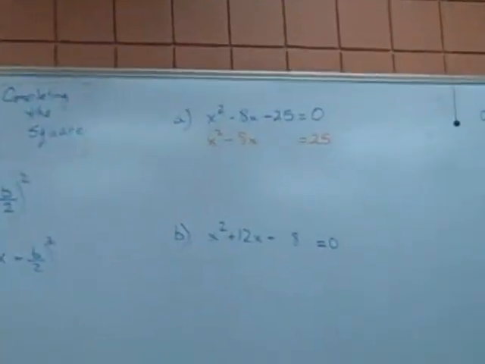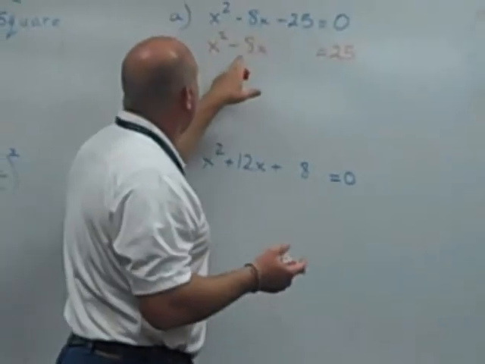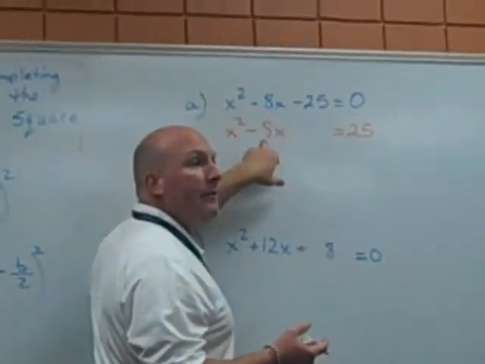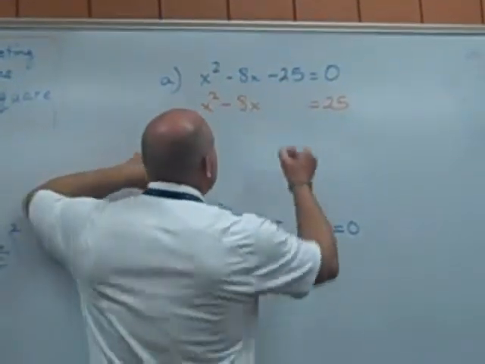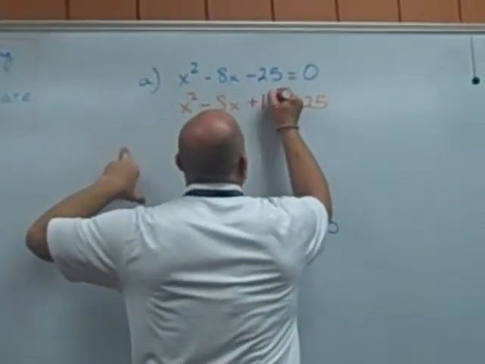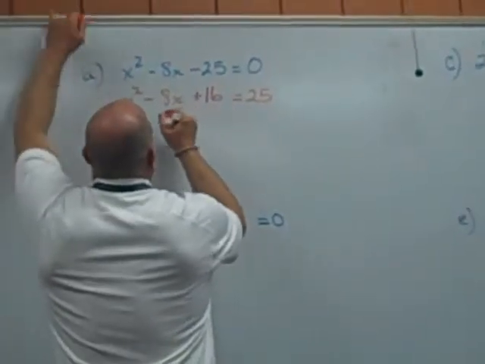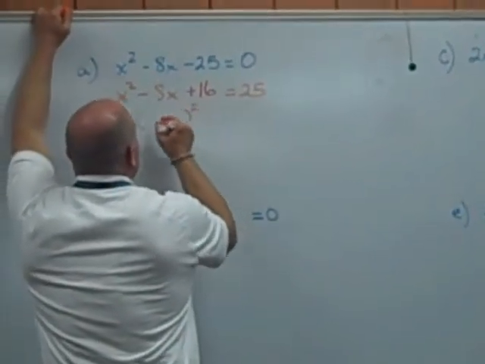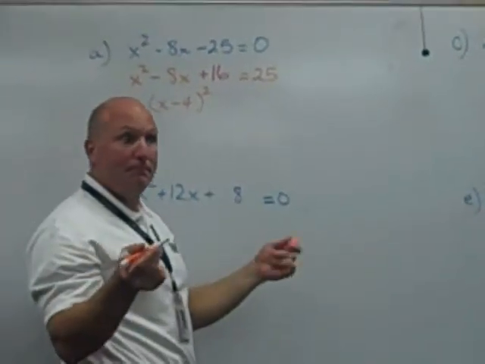I knew you would. So, let's complete the square. Here's my B value. Cut it in half. Square it. 16. So, that's beautiful now because what happens here? This factors to what? X minus 4 quantity squared.